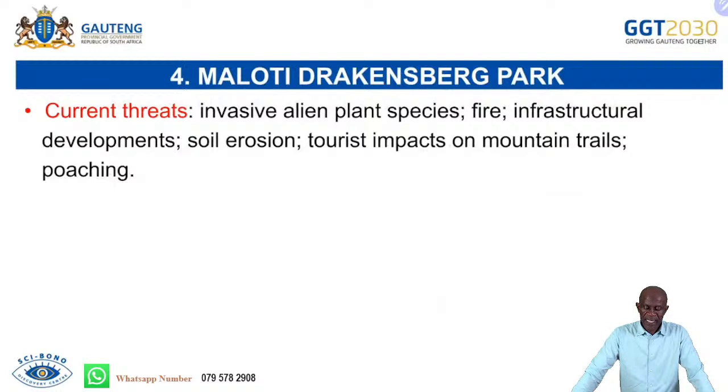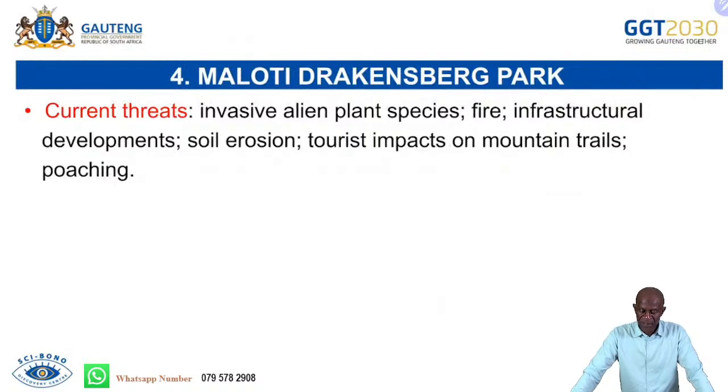The Maloti Drakensberg Park, as we assess the threats, is similar to that which we have discussed earlier on: the prevalence of alien plant species, the existence of which formulates a threat.